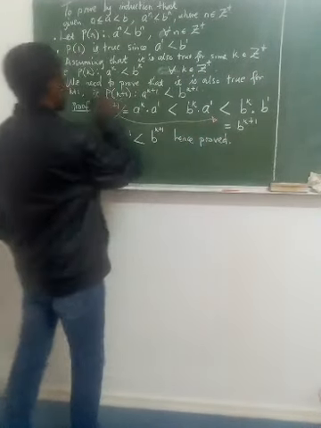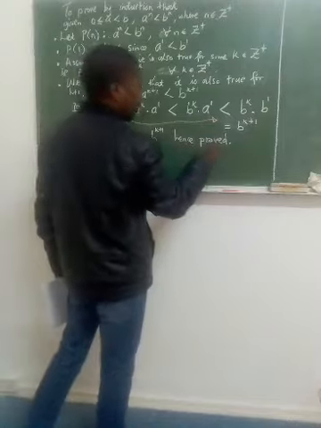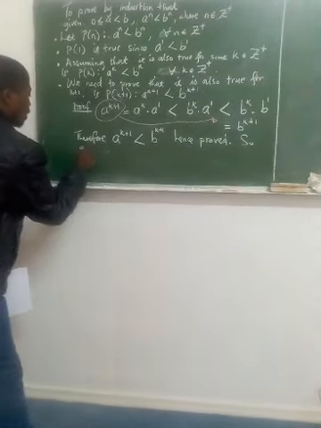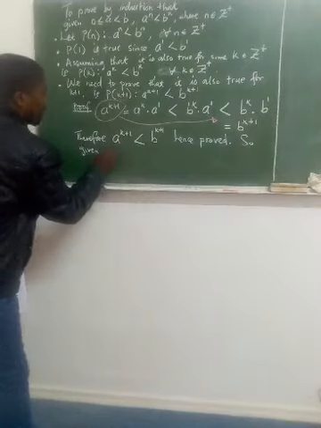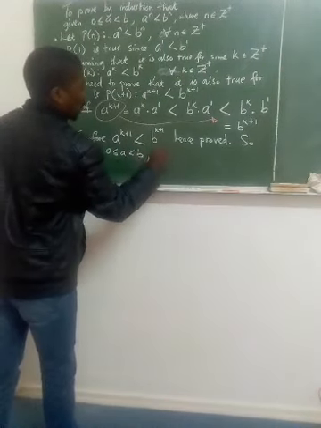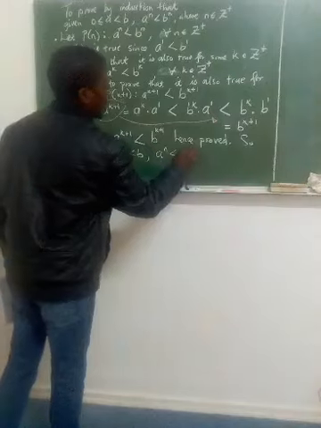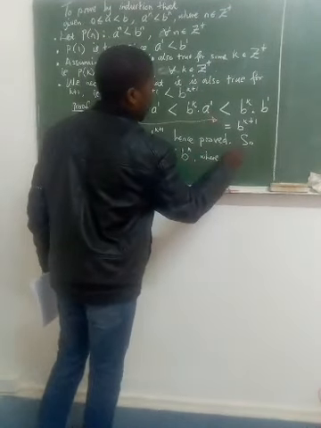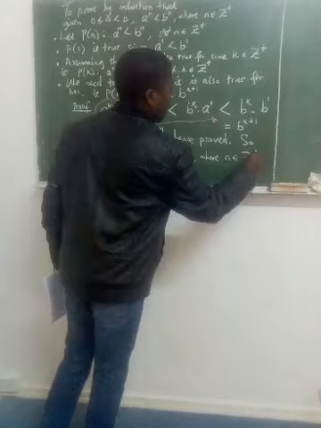We wanted to prove this. Hence, proved. So we conclude: given 0 less or equal to a less than b, a to the power of n is always less than b to the power of n for any n an element of positive integers.